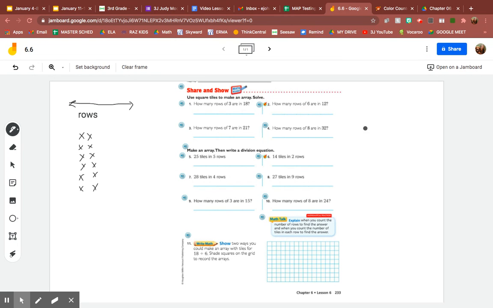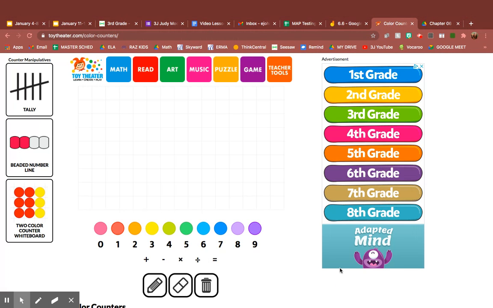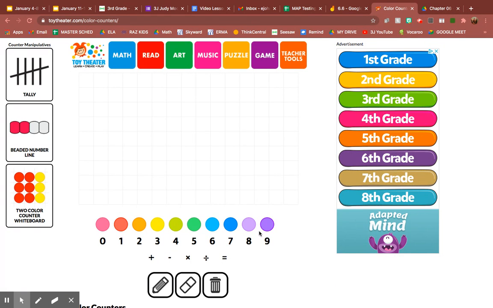We're going to do this with multiplication today, and we're going to figure out how many rows of 3 are in 18. So this is actually going to be kind of reverse. This is our division problem. I'm going to use this website that I just found to help me make arrays.